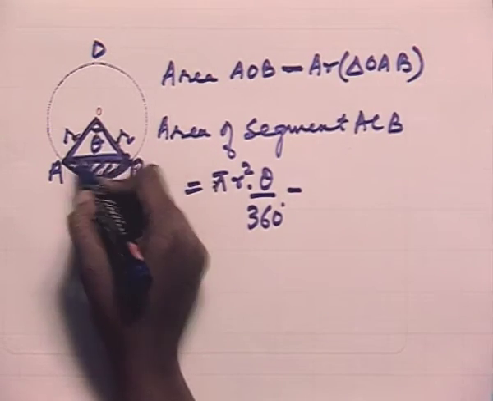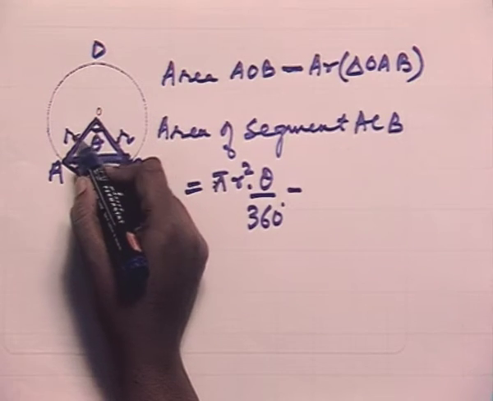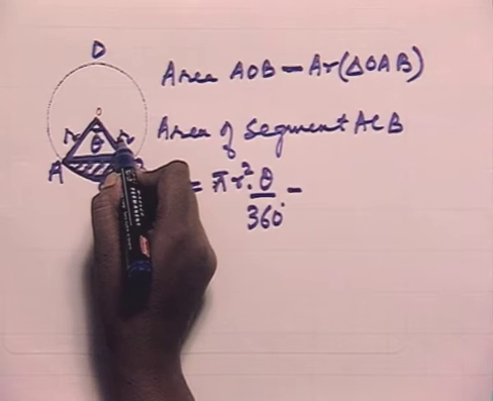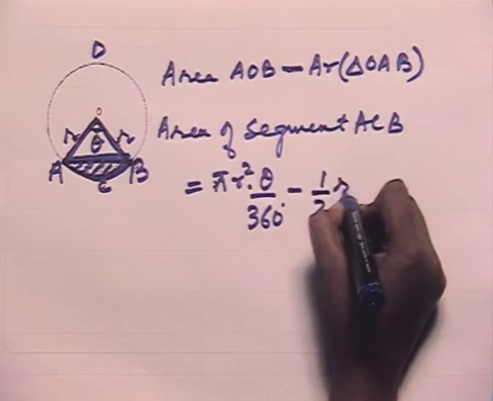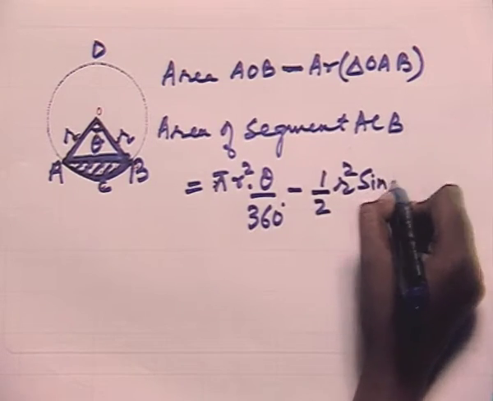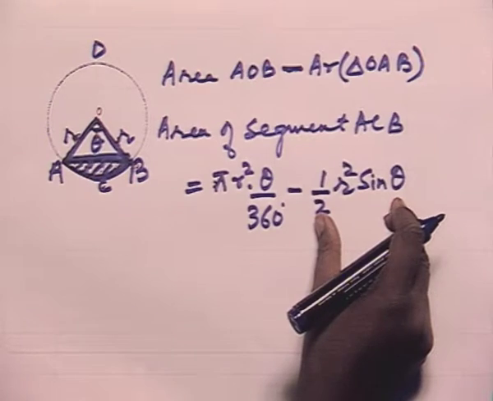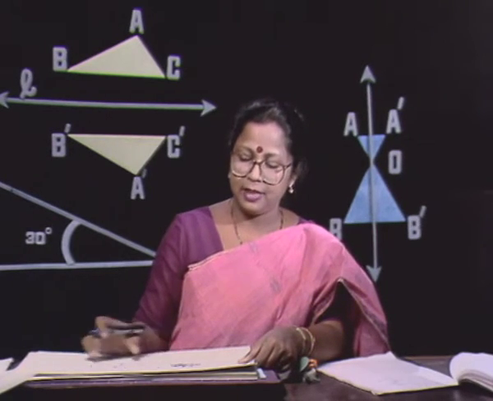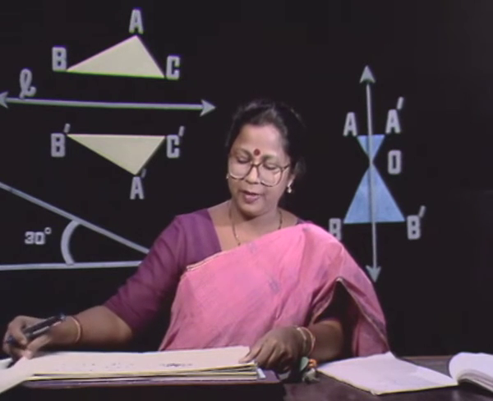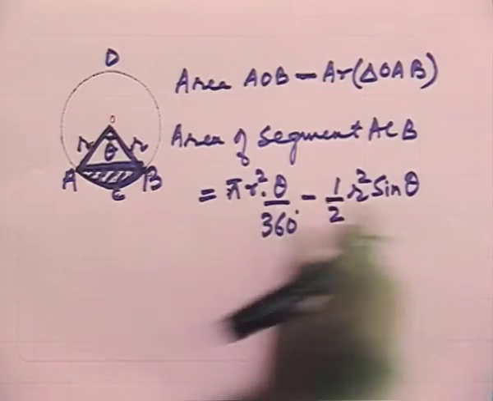Area of the triangle OAB, when the vertical angle is theta and it is an isosceles triangle with two sides equal to r, is equal to half r square sin theta. The derivation of this formula you can do in higher classes. So, this is the actual way to find out area of the minor segment ACB.